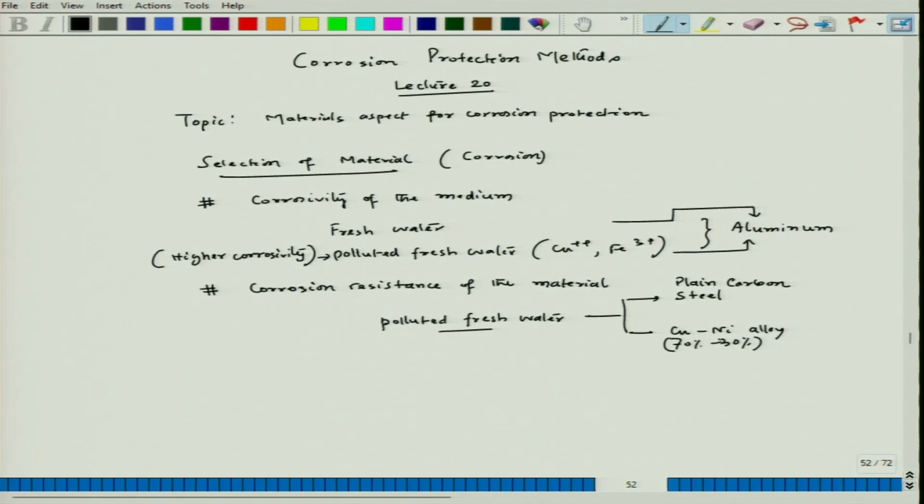That alloy can resist polluted fresh water better than the plain carbon steel.